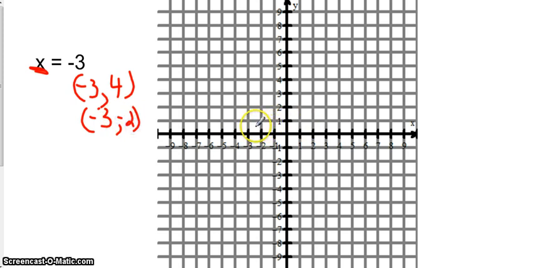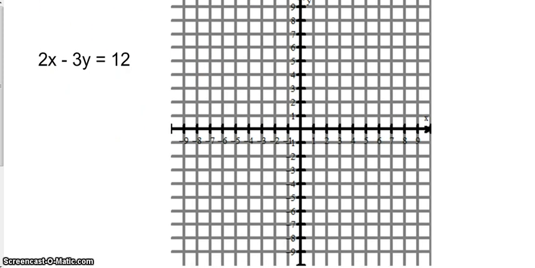So I'm going to plot -3, 4. And I'm going to plot -3, -2. And I'm going to take a straight edge and I'm going to draw my line.